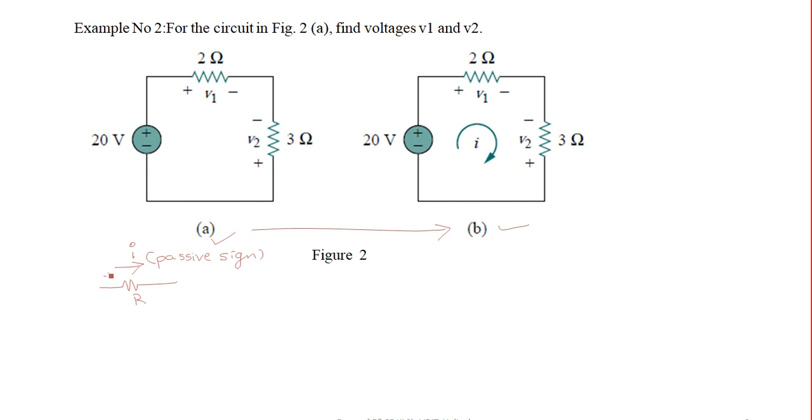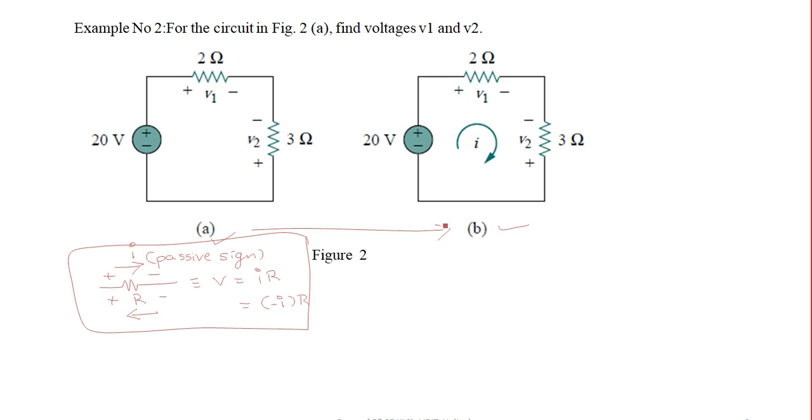Current will always flow from higher potential to lower potential. In this way, if I ask you to define Ohm's law, we can define V equal to I into R. If I change the current direction with the same polarities, then instead of plus I into R, it will be minus I into R. Okay, so this one you need to keep in your mind. It will be useful here.